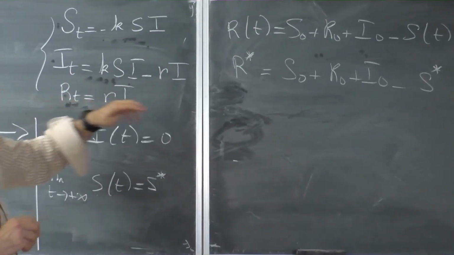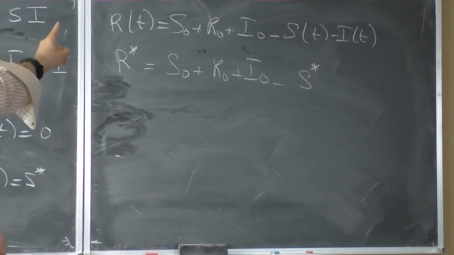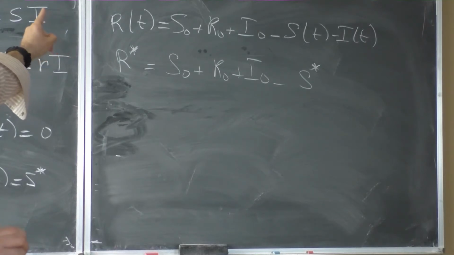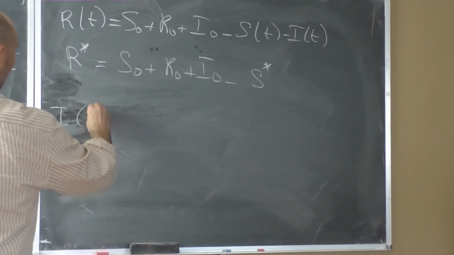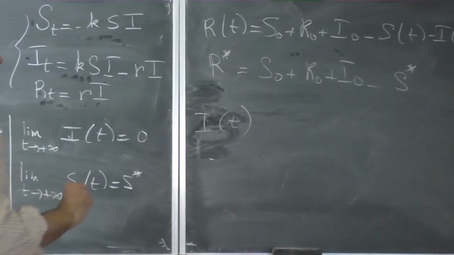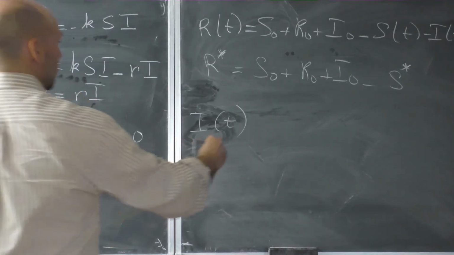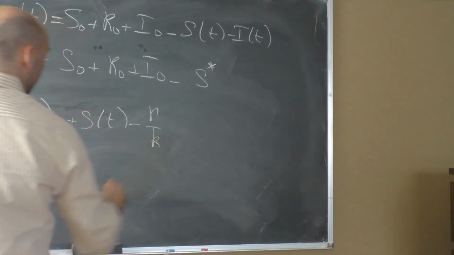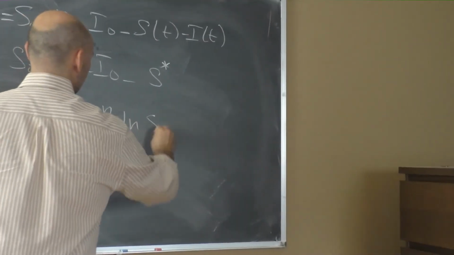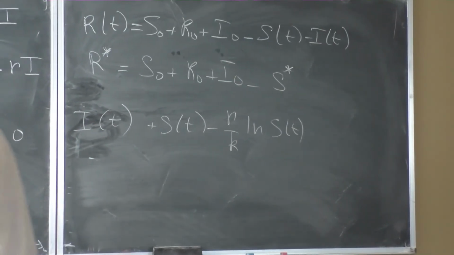So the quantity is the following one. I just look at the theorem and I can see that if I look at I of t plus S of t minus R over K log of S of t, and I'm taking this derivative. All right, I take the derivative.